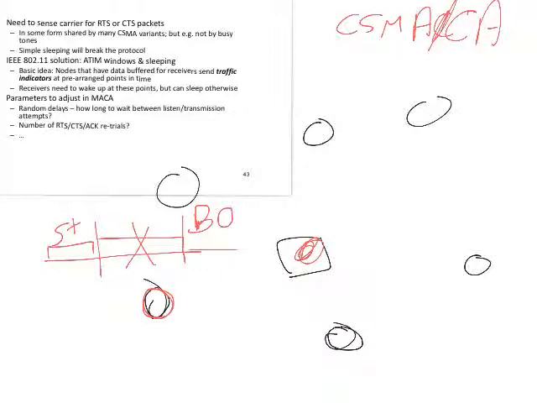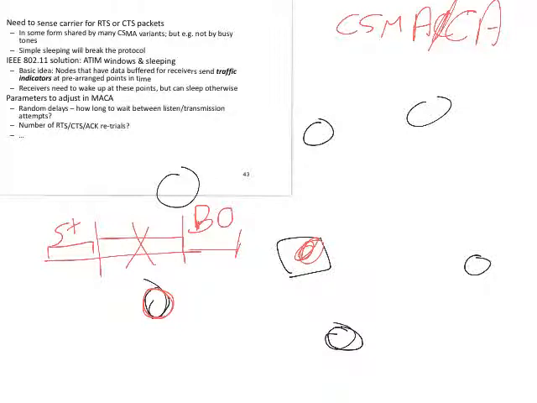During this back off time, we calculate a random number within a specific window called the contention window. Based on this random number, we calculate the time that we have to wait before we start accessing the channel again.